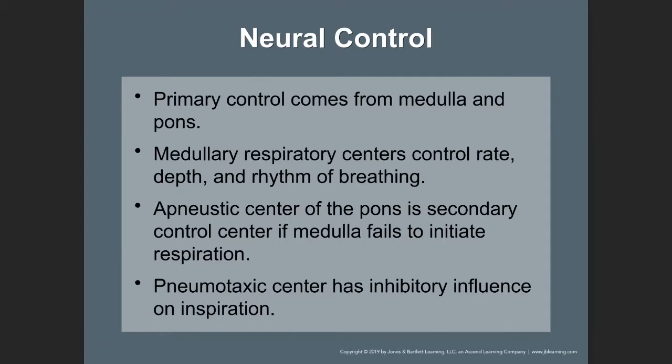So it can control the rate of breathing and it can shorten the inhalation period. So that's the pneumotaxic. The apneustic lengthens the time of inhalation and creates deep breaths. The pneumotaxic focuses more on the rate. It can affect the phrenic nerve and it can also affect the apneustic center.